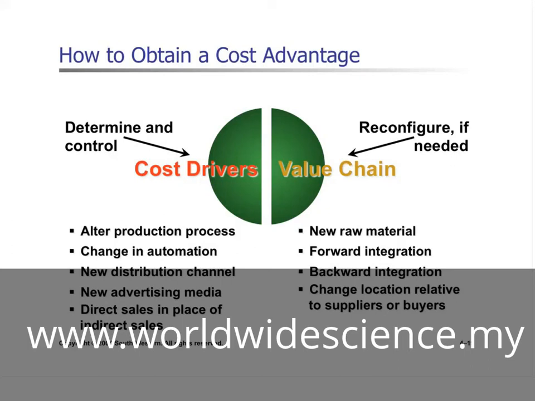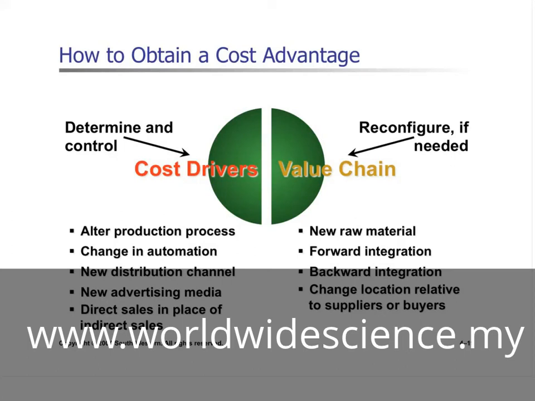So going back to automation, as we discussed, a lot of companies are doing that. Apple is big on it, and a lot of other companies are really using automation. And then new distribution channel. So basically, you have certain distribution channels when you're giving out the products that you just made to your customers.